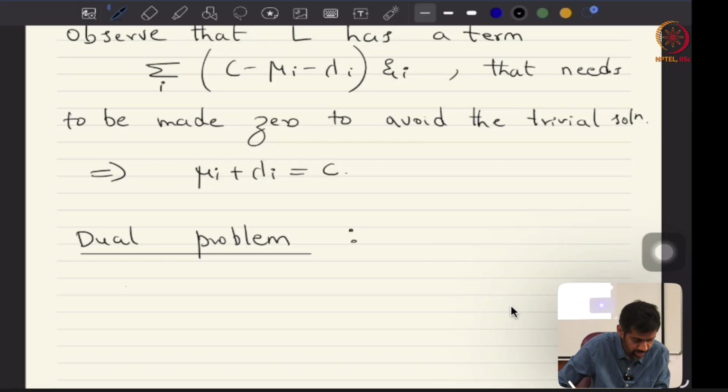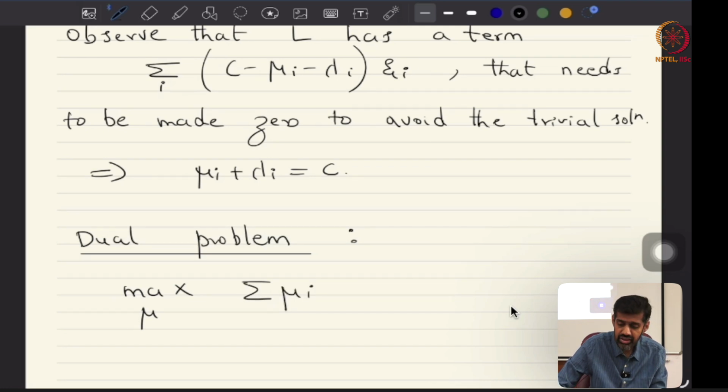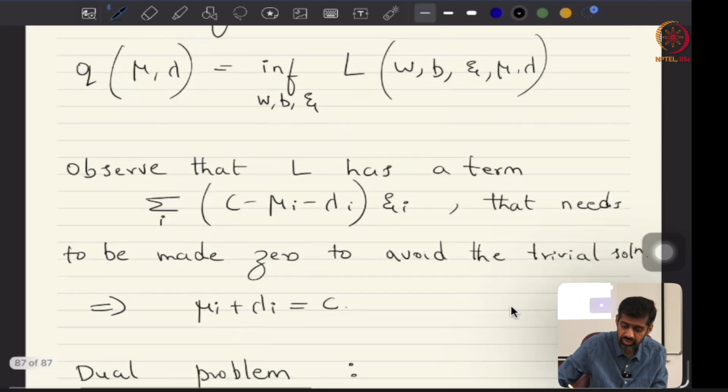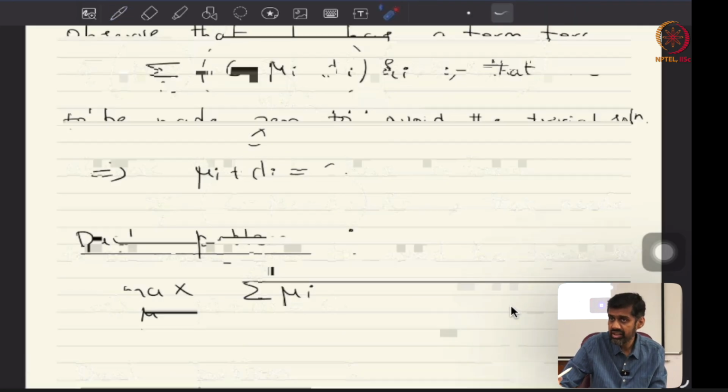We need to maximize over mu, with this constraint and making w, b, xi the optimal values.